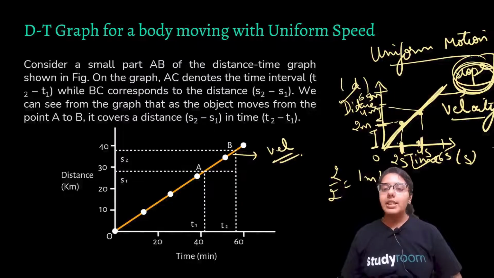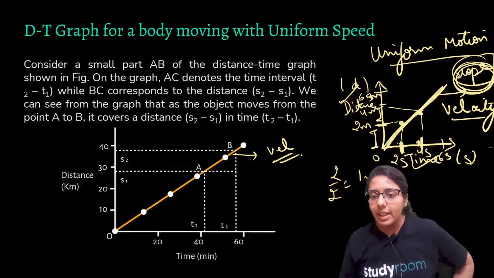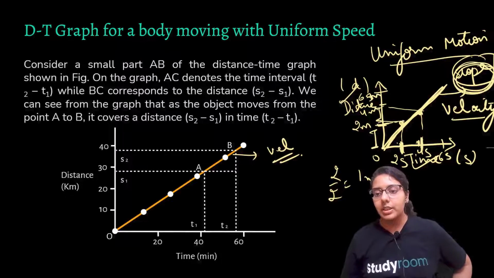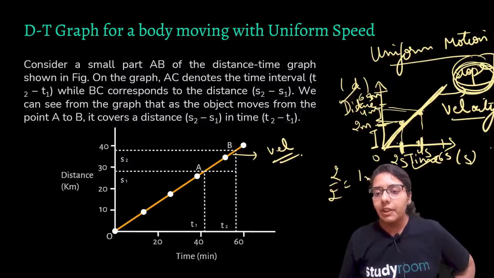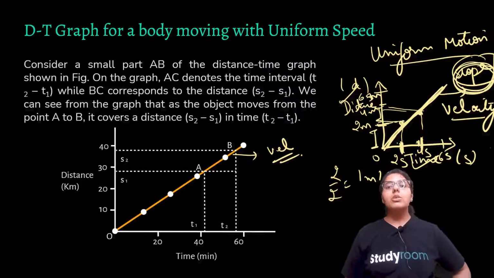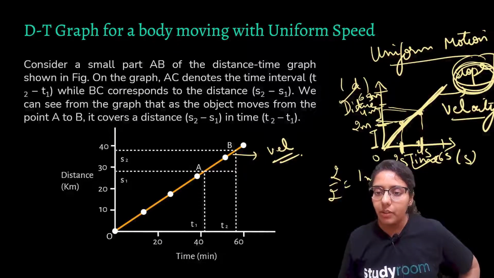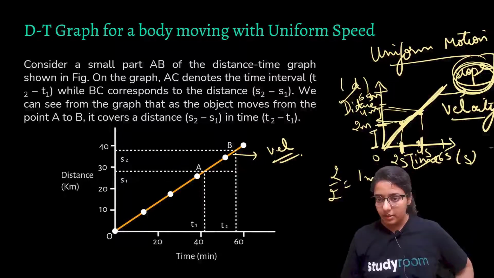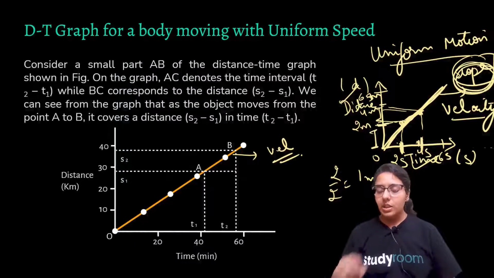We can see from this graph that for 2 seconds, the person is covering 2 meters. For 4 seconds, the person is covering 4 meters. So if we have to calculate the speed for this particular interval, what will we do?